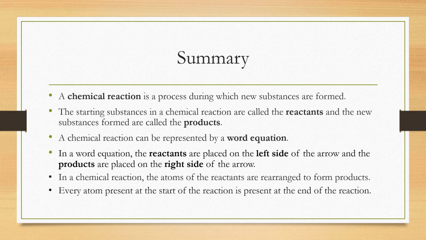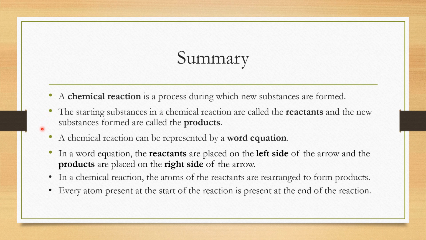Let's summarize what you learned in today's lesson. A chemical reaction is a process during which new substances are formed. The starting substances in a chemical reaction are called the reactants, and the new substances formed are called the products.